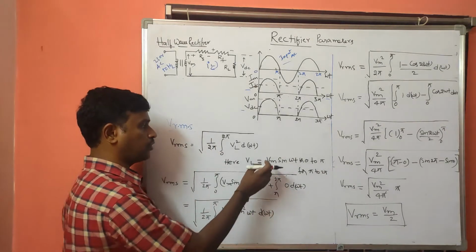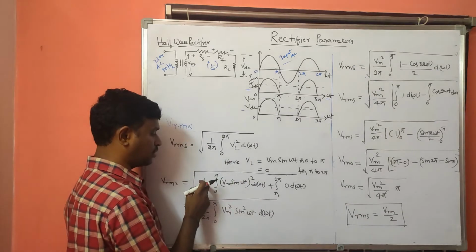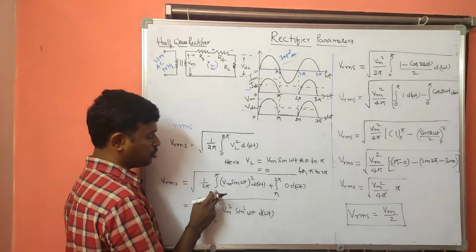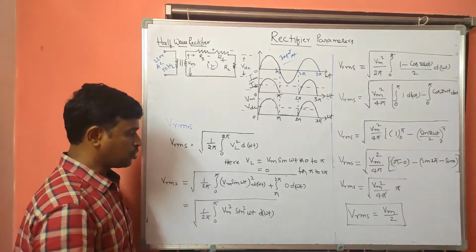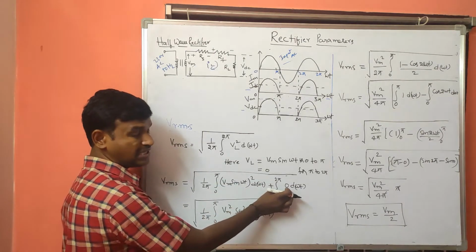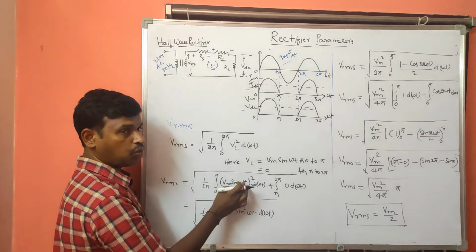Okay, so therefore if I substitute this VL value in this equation, what I will get is Vrms equal to square root of 1 by 2 pi, integral from 0 to pi of (Vm sin omega t) whole square d omega t. So here the integrand is Vm square sin square omega t.